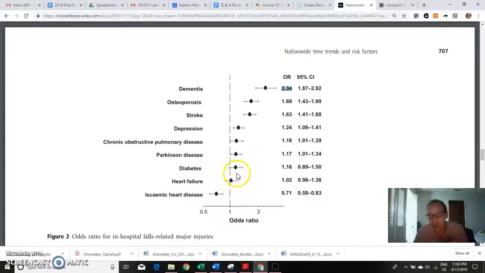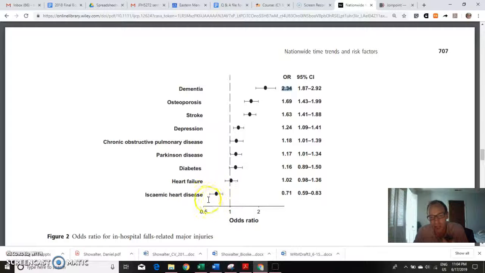Same thing for heart failure, so it's somewhat inconclusive, although, as we've talked about throughout the course, we can interpret these confidence intervals. So just because it's not a statistically significant result, we can see that, worst case scenario, these diabetic patients could be 1.5 times as likely to fall.